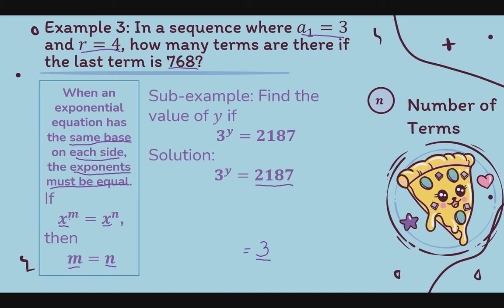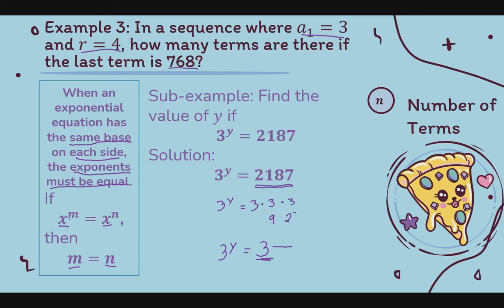So, hahanapin natin ano ang kanyang exponent kapag ang base niya ay 3. Paano yun? So, ang gagawin lang natin is magmumultiply tayo ng magmumultiply ng 3 hanggang sa makaabot tayo sa 2,187. So, una, 3 times 3, that is 9, times 3, magmumultiply lang tayo hanggang makaabot tayo sa number na yun.